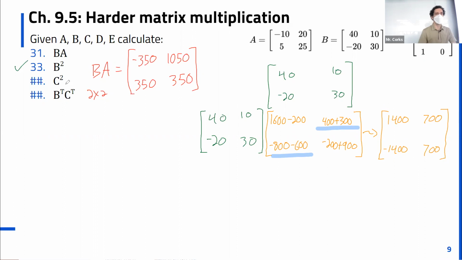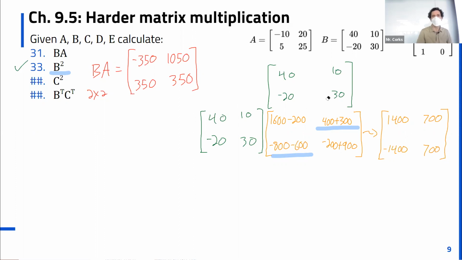So with squaring regular numbers, often there are patterns we can notice, but when you're squaring matrices, there's no shortcut to it. You just have to still do the whole matrix multiplication. There are no real fast or easier ways to do it.